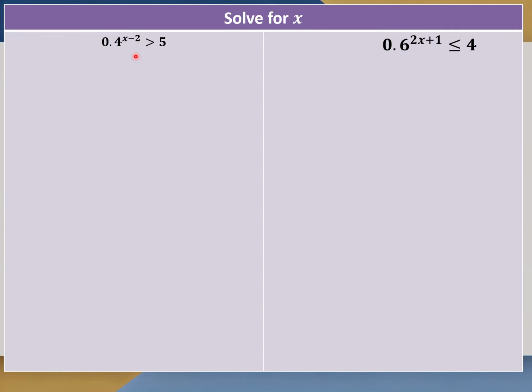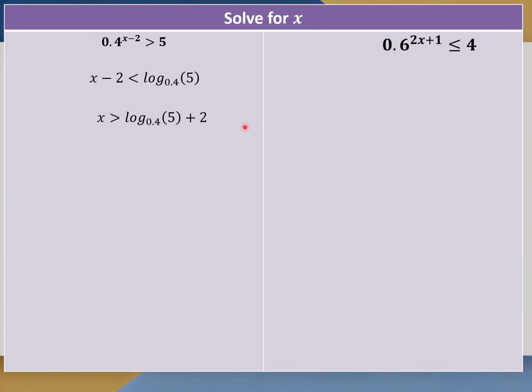Because our a here is less than 1, the first thing we need to note is that when we do the log relationship, our inequality sign is going to change. So that means it'll be x minus 2 is less than, it switches, log base 0.4 of 5. The last step that I need to do is just get x by itself, so I'm going to add 2 to both sides.